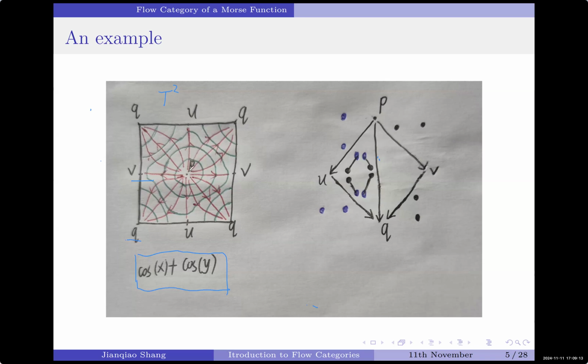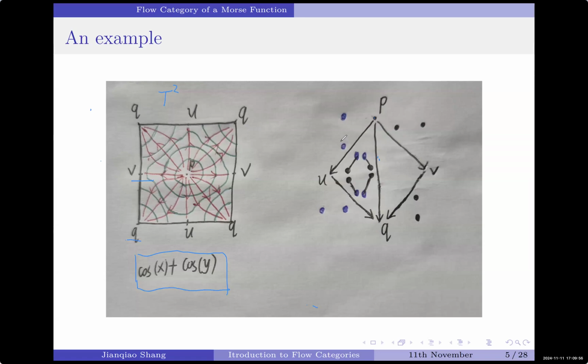So we may say that the red curves in this picture are the flow lines, and the green curves are the level sets. So this is the flow category corresponding to this example, and it has 4 objects: P, U, V, and Q. And the flow lines from P to U are these 2 trajectories. After modding out R, it becomes 2 points.